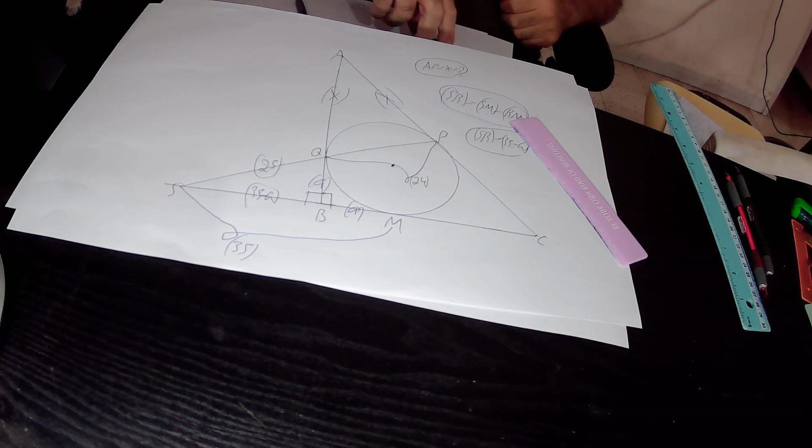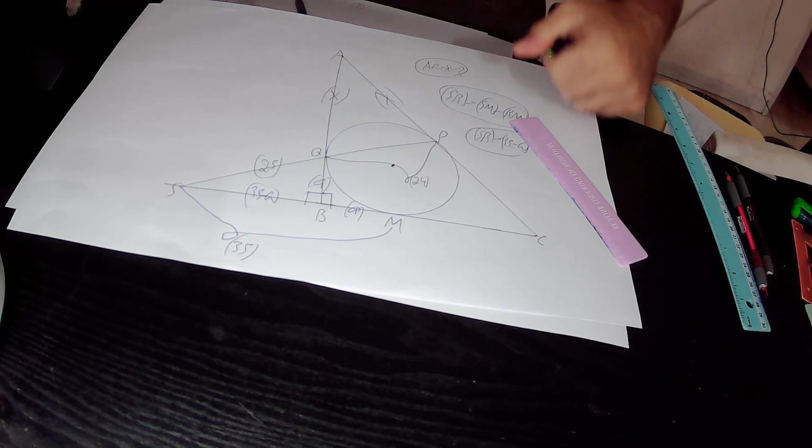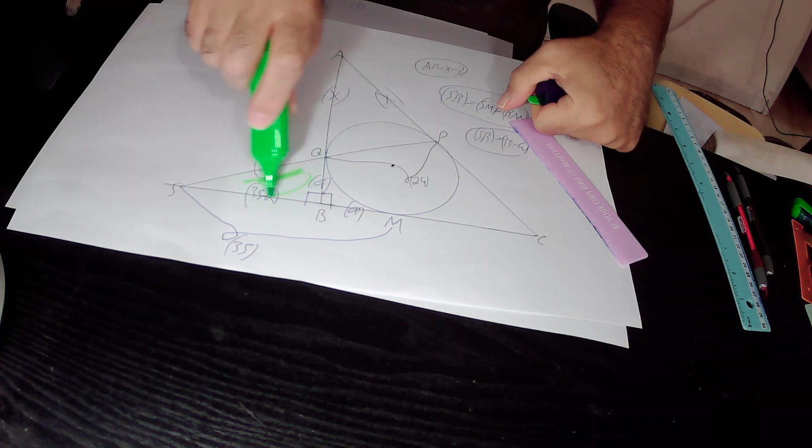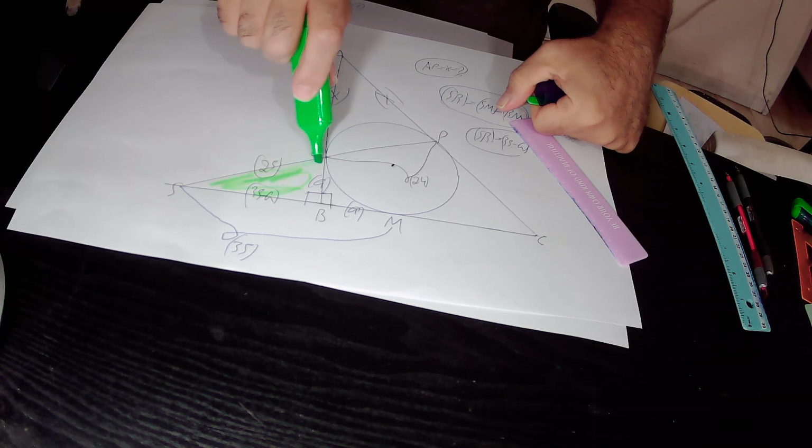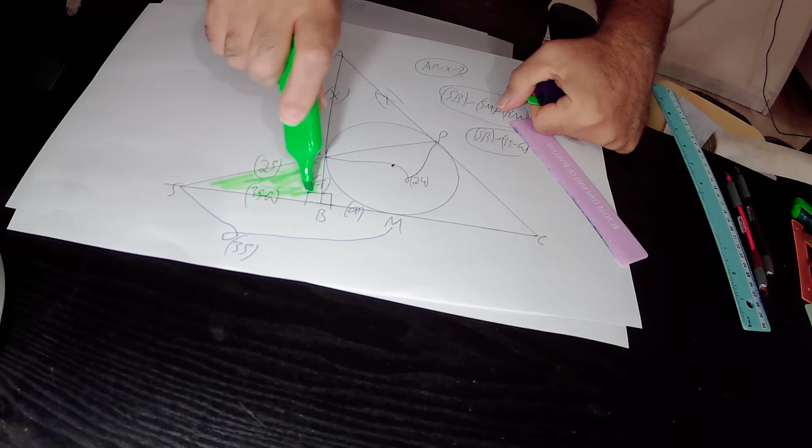In the next step, we implement the Pythagoras theorem on this right triangle QSB. According to the Pythagoras theorem, in a right triangle, the square of the hypotenuse equals the sum of the squares of the perpendiculars.